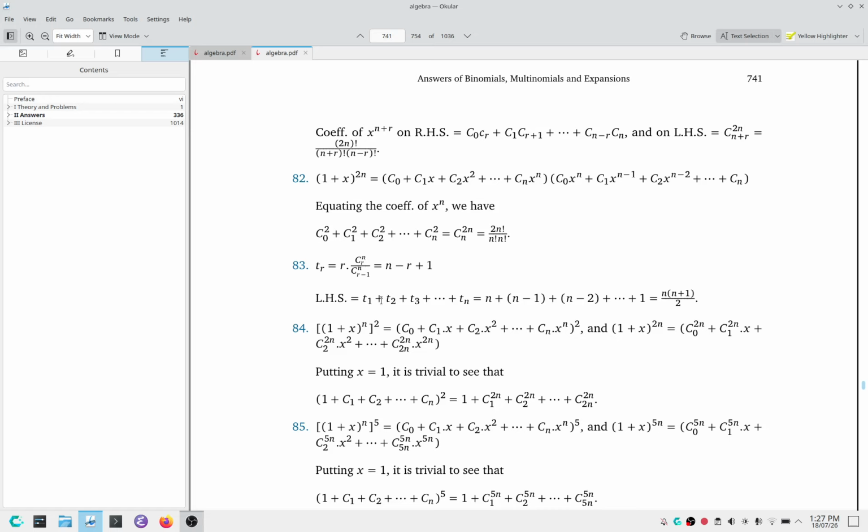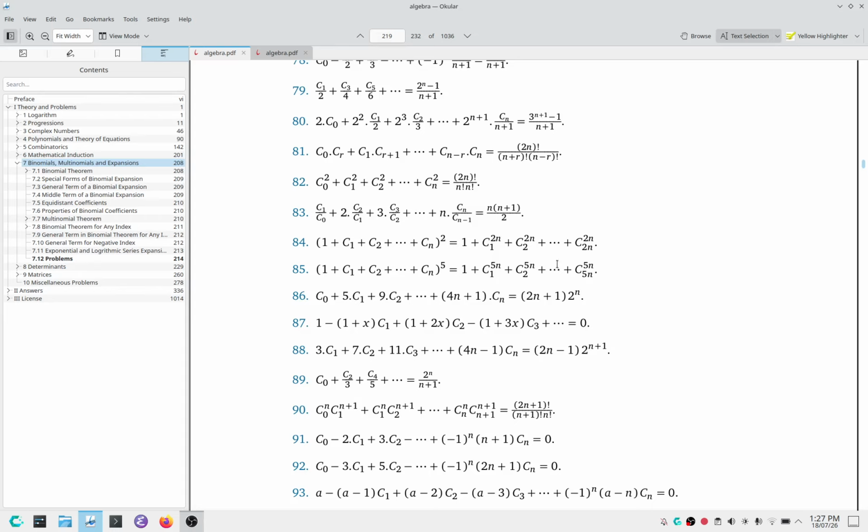So we sum the values from T1 to Tn. So T1 would be n, T2 would be n minus 1, T3 would be n minus 2 and Tn would be 1. So the sum of this, we know from arithmetic progression, is equal to n times (n+1) upon 2.